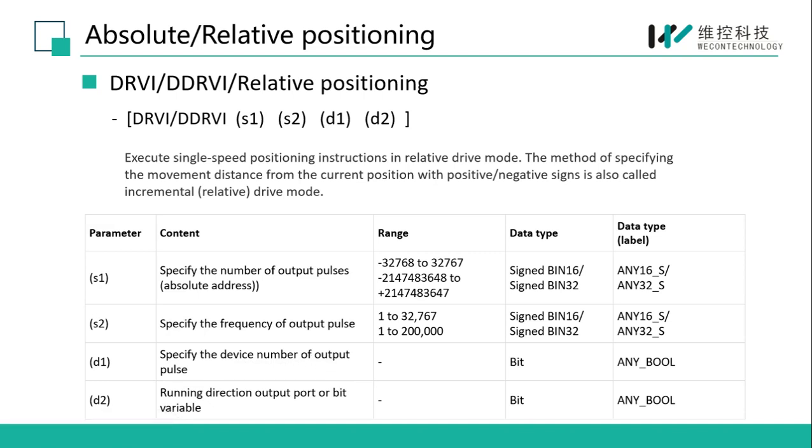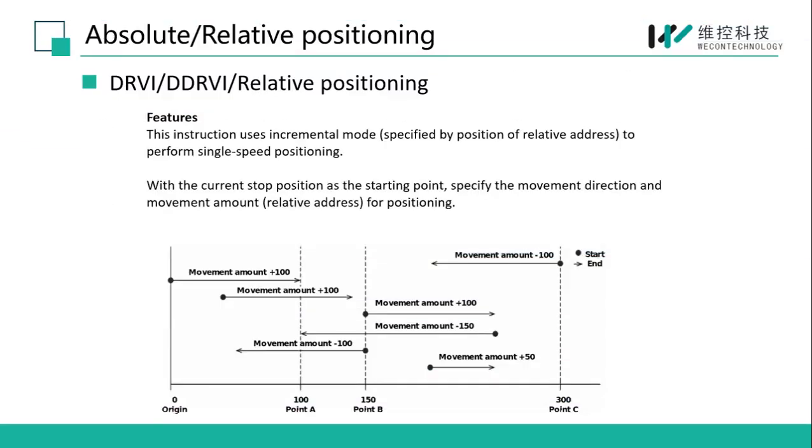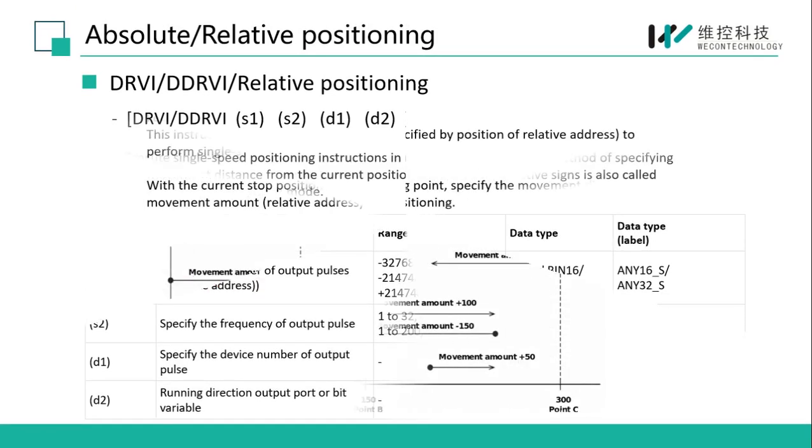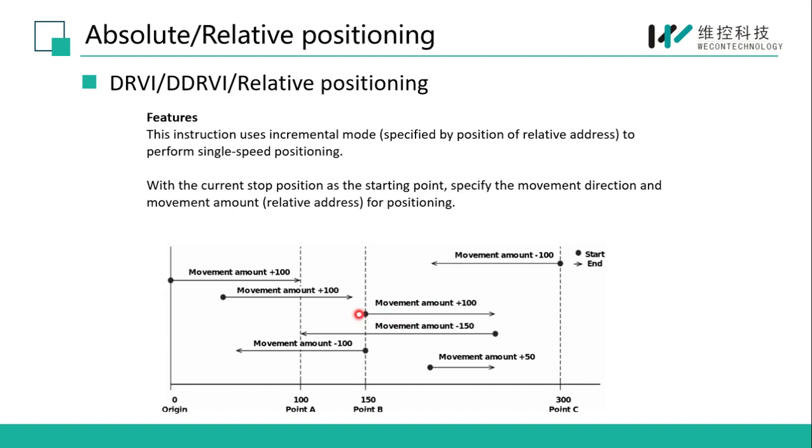And the last one is about the direction output port. As you can see in this picture, if the current position is point B and I want to move it to point C, 300, I just need to set parameter 1 as 150. So it will move from here, point B, to point C.